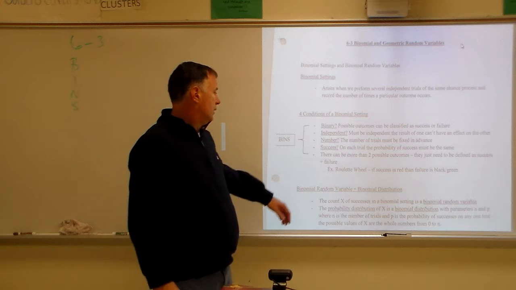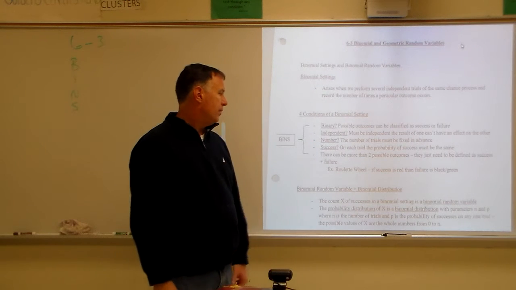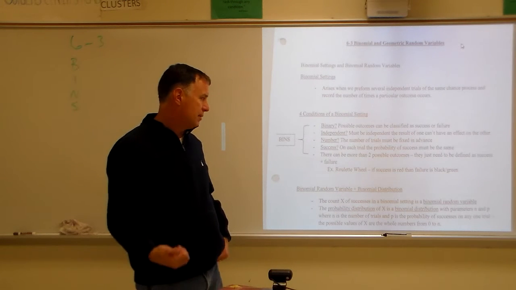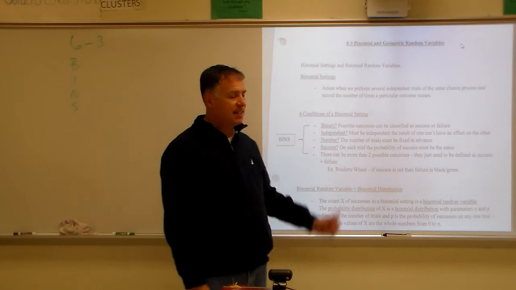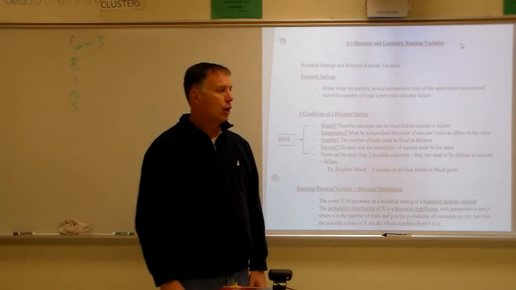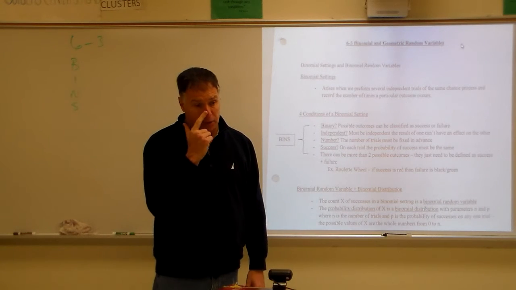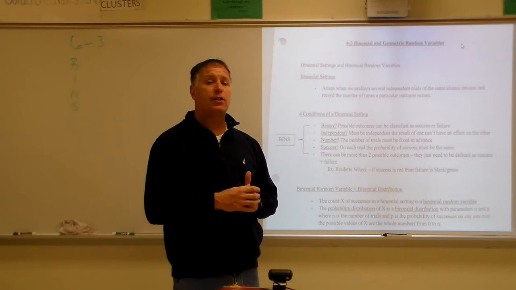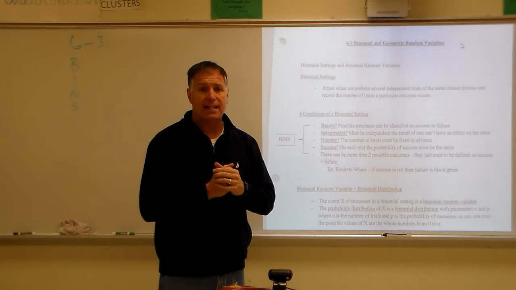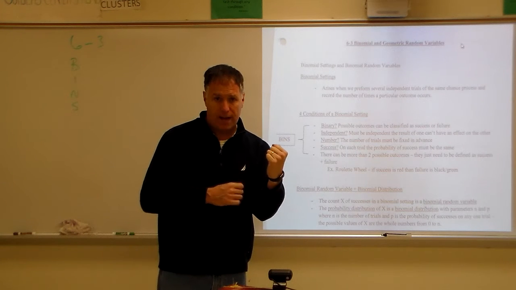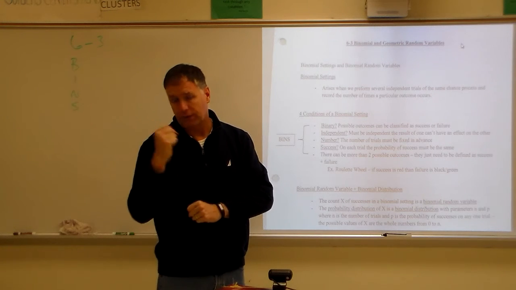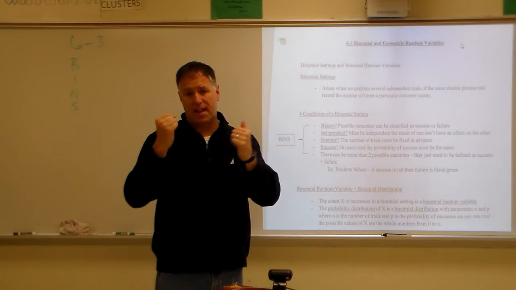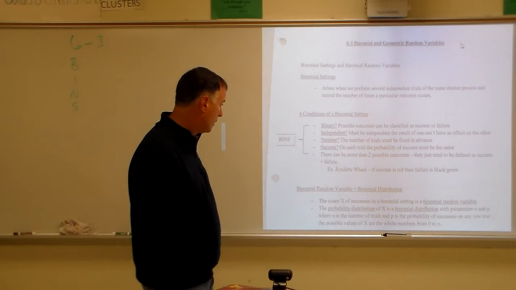And here at the end it says there can be more than 2 possible outcomes. They just need to be defined as success and failure. So if you're rolling a die, there's technically 6 things that can come up. But when you define your random variable, you want to define it as the probability of rolling a 5, the probability of not rolling a 5. Then you can determine that as a success or a failure.